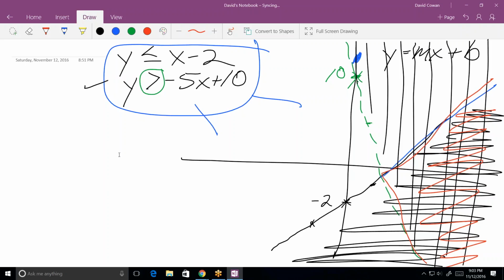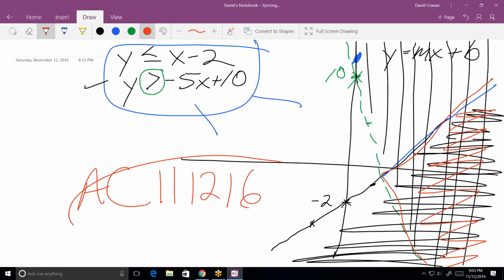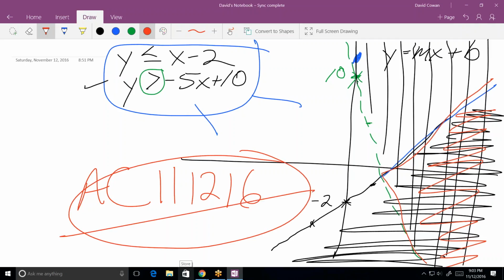If you check it in the morning, you'll find it, and it'll have your initials, Ashley Crosby, 11, 12, 16, as your first two initials and the date. That's the name of your file.